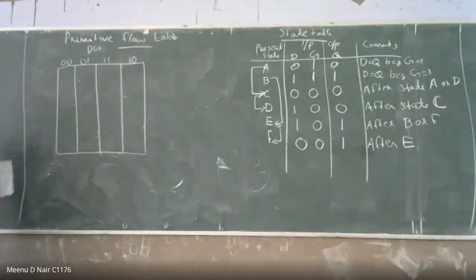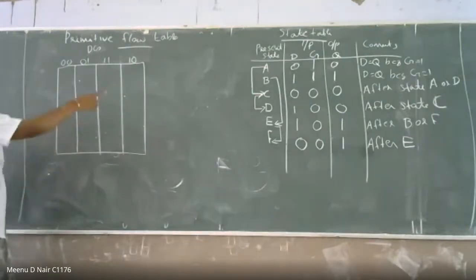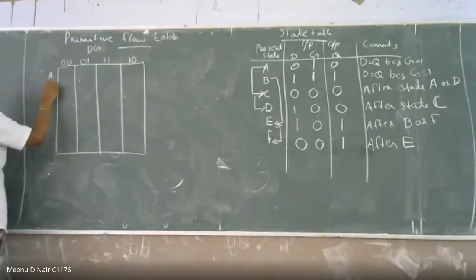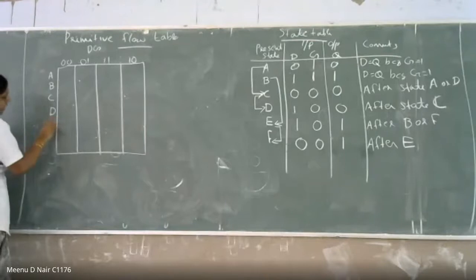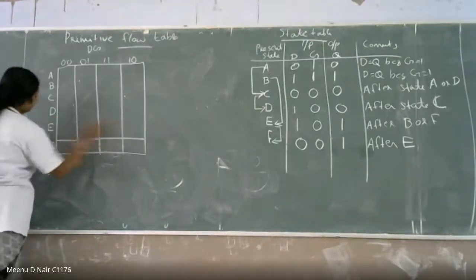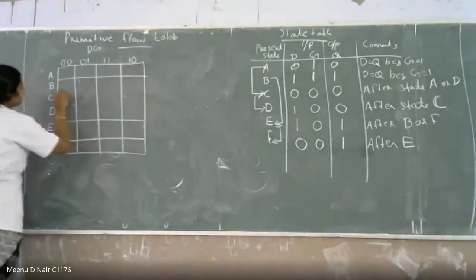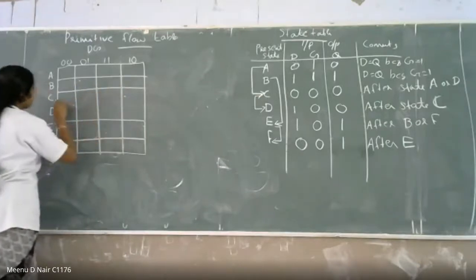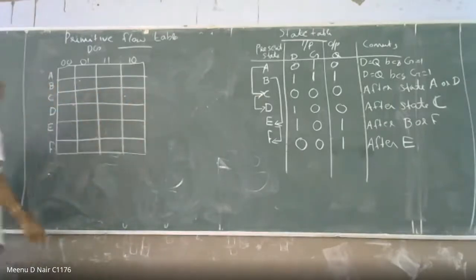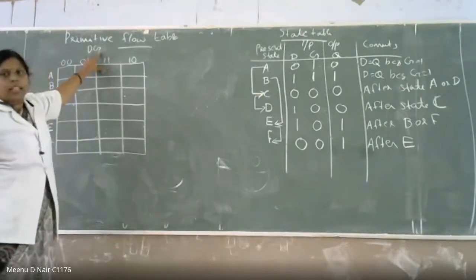And in the row wise, what you have to write? You have to write the corresponding states. So the states are A, B, C, D, E, F. In the column wise, you are representing the input.